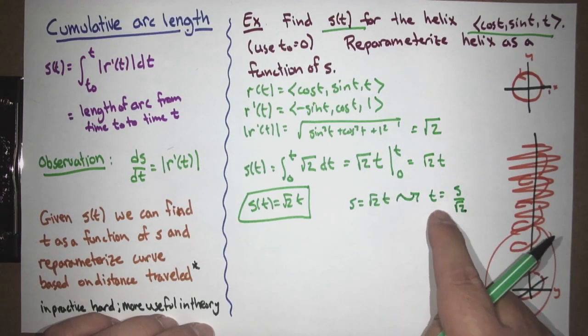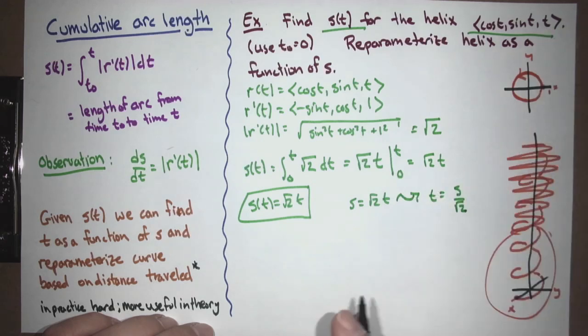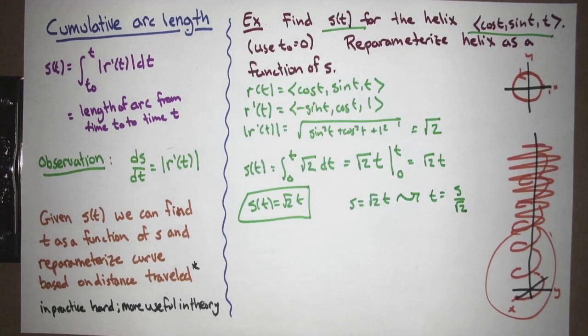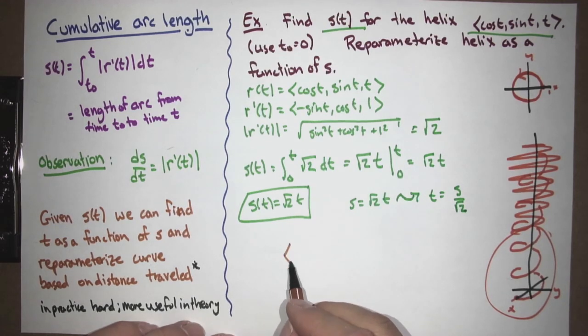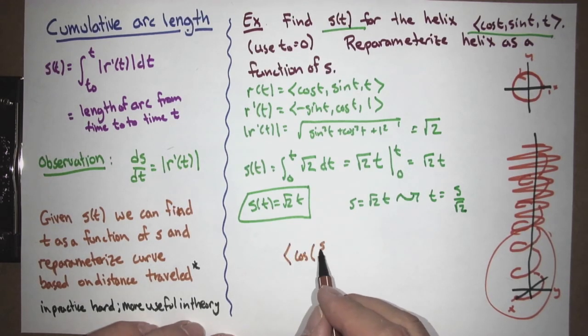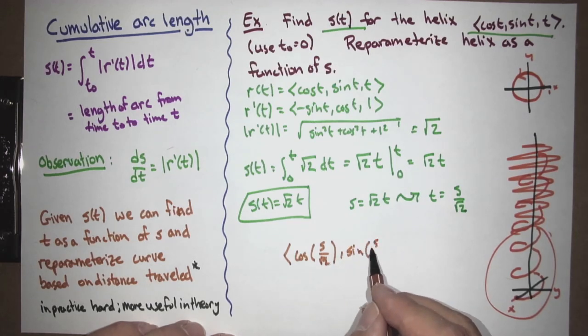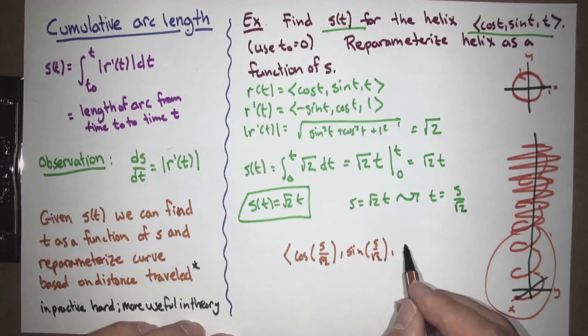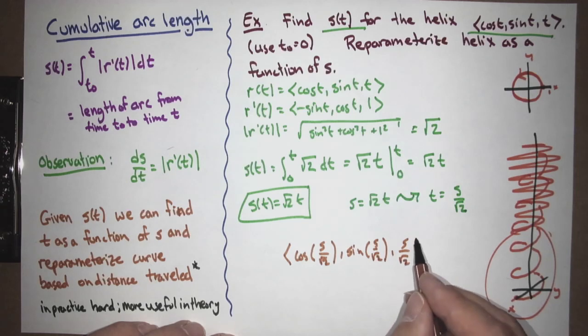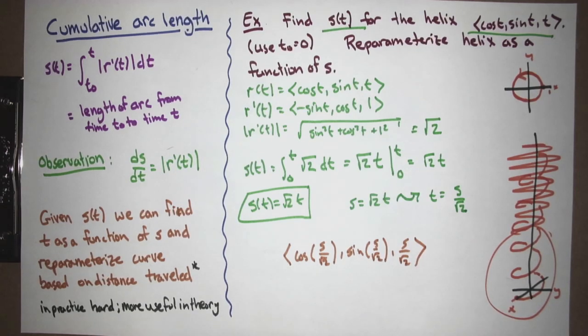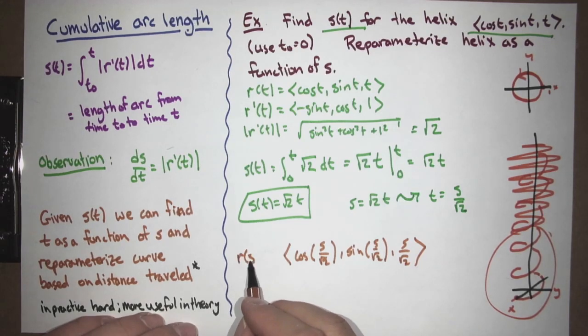Now replace your t's in your parameterization with the new values which have s. So this would become cosine of s over root 2, sine of s over root 2, and s over root 2. Okay, so this is our reparameterization. We can call this our r of s.